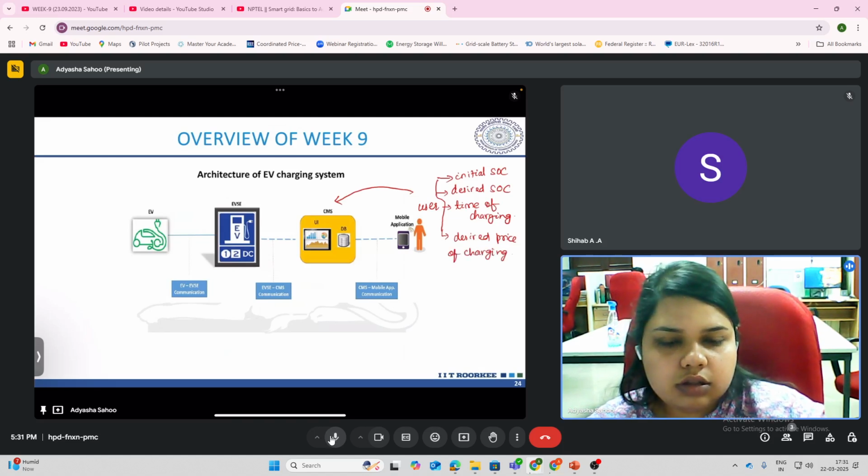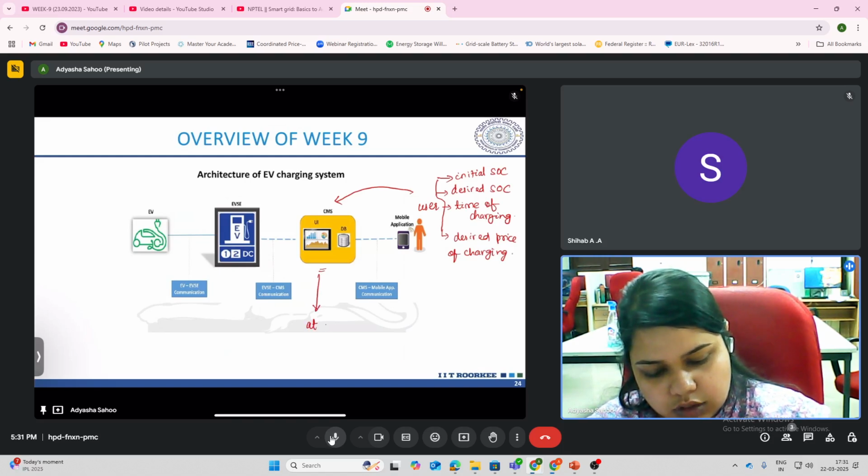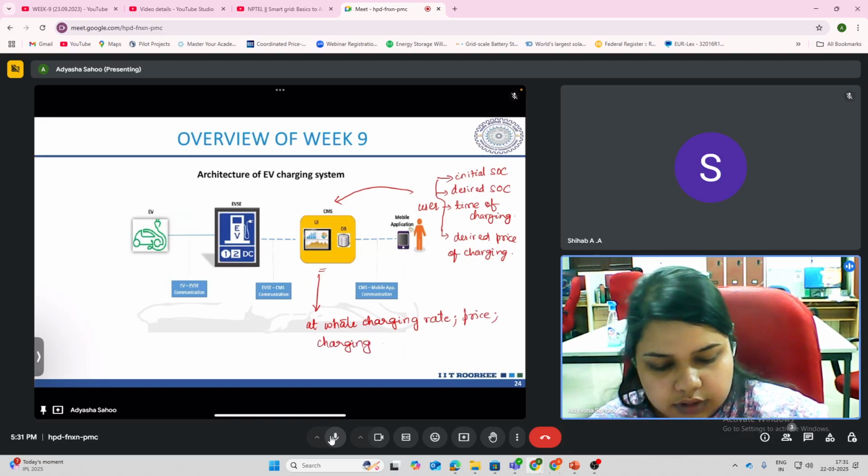Now, once all these features are input to the charge management system, the charging management system will decide at what charging rate, at what price, and what charging duration or interval.